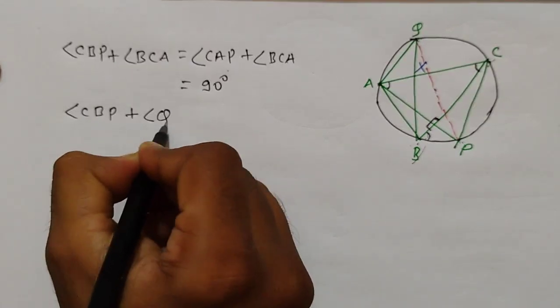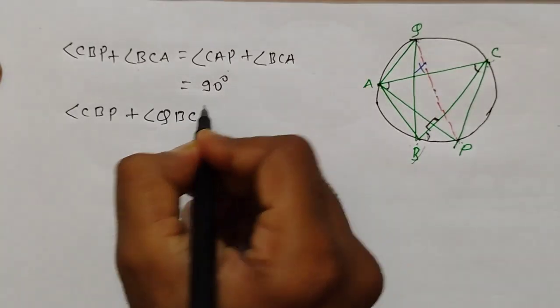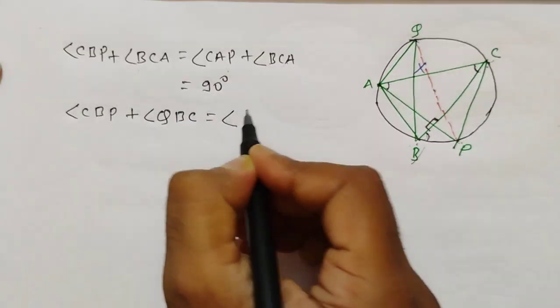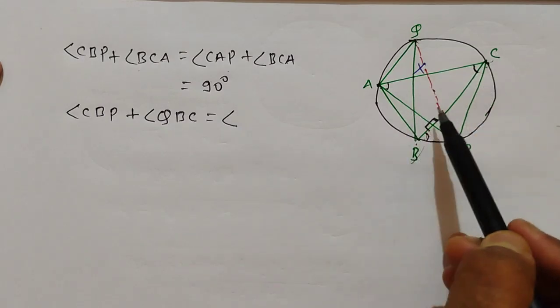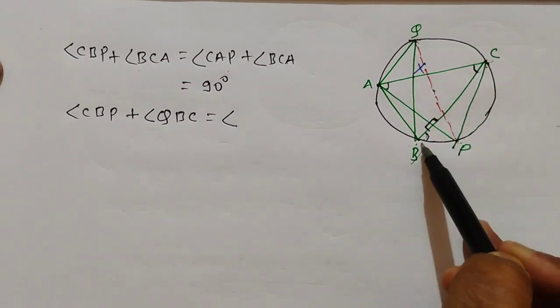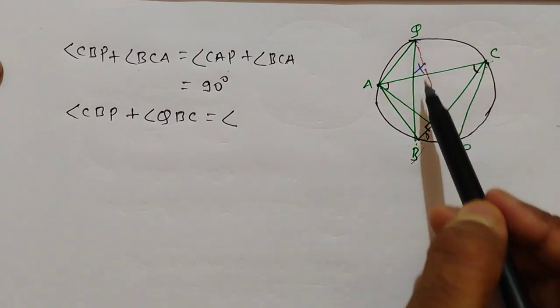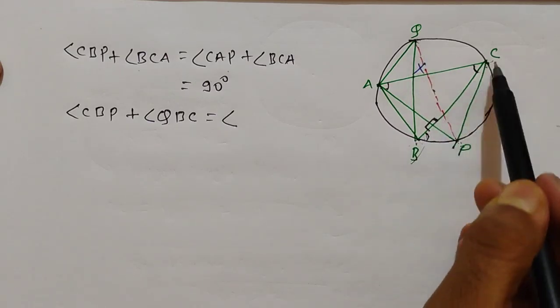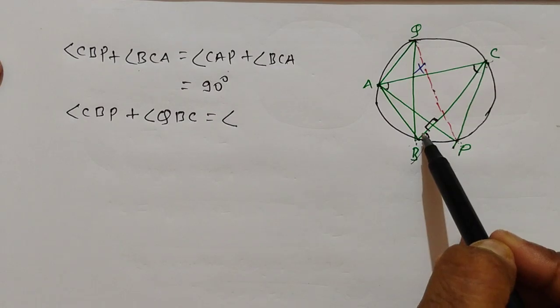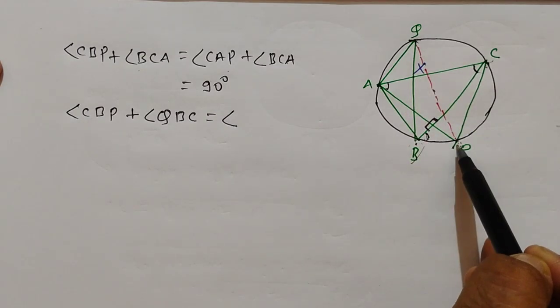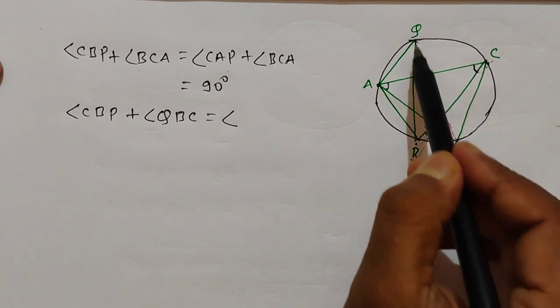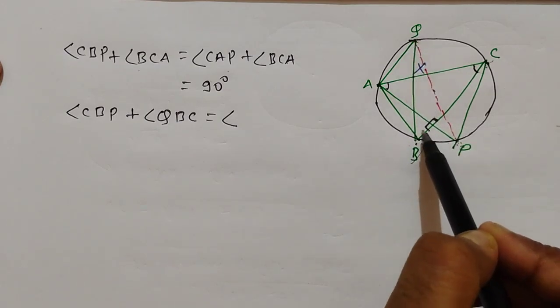And now angle CBP plus angle QBC is equal to angle QBP. This is obvious because angle QBP is the sum of this angle and this angle.